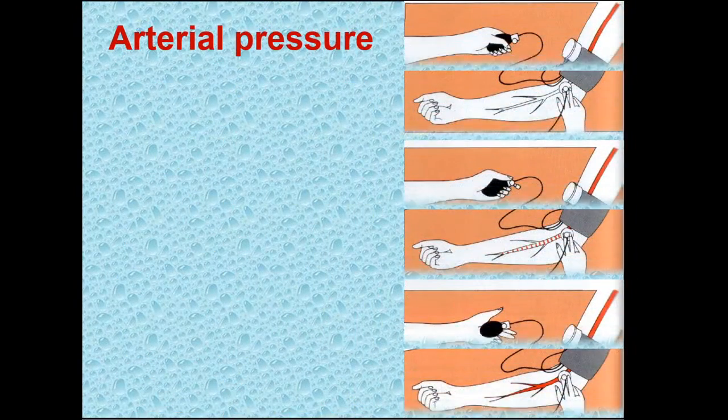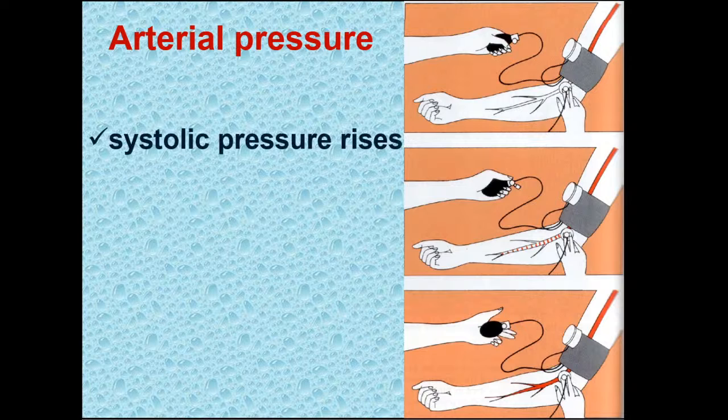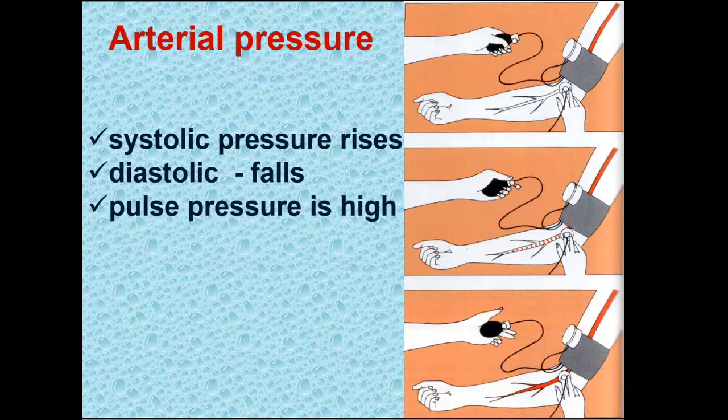Arterial pressure in aortic regurgitation will be changed. I told you systolic pressure rises due to increased stroke volume, because the heart pushes a higher volume from the overfilled left ventricle.